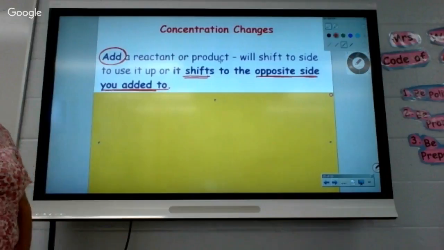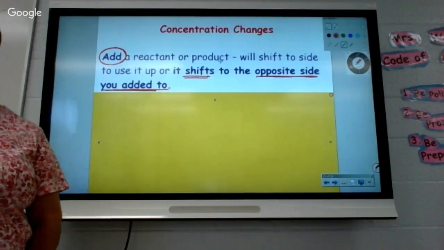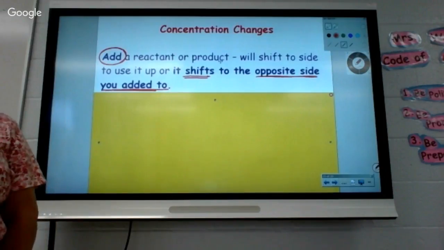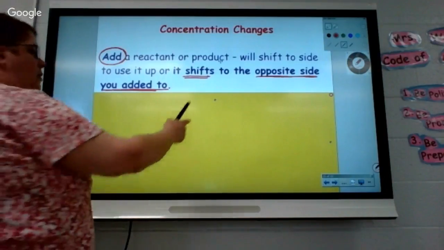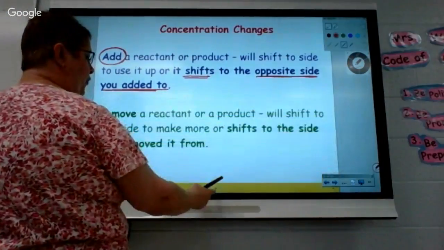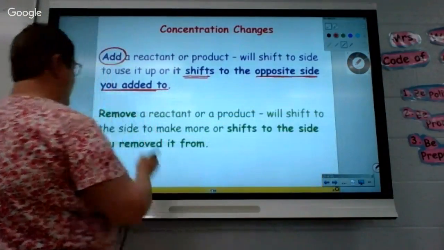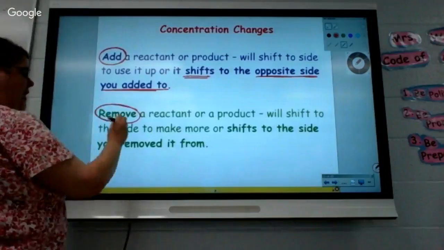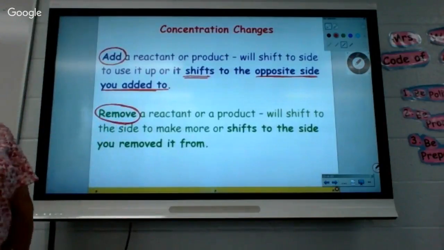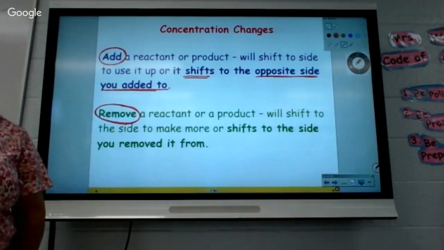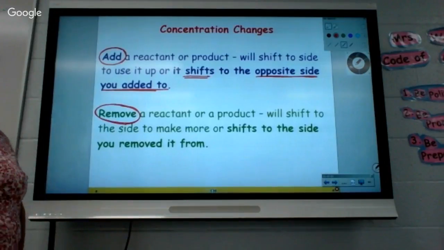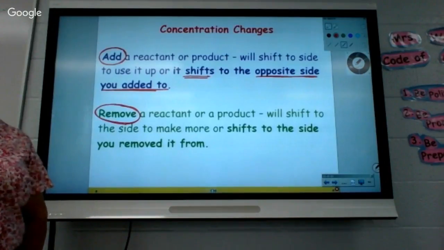Now, we don't only add. What else can we do to concentration? Subtract or take it away. So there's a different rule for removal. If, again, we remove a reactant or product, the part that's not bolded is the reason. You want to shift to the side that's going to make more.